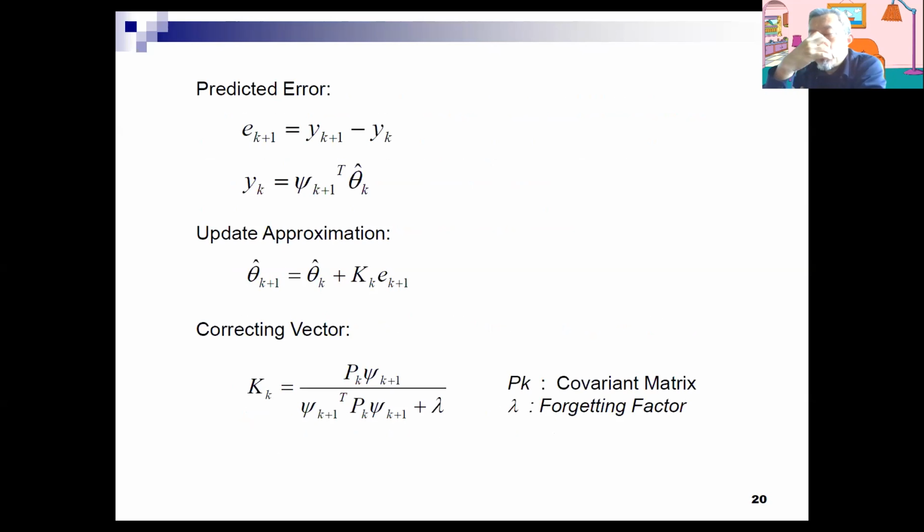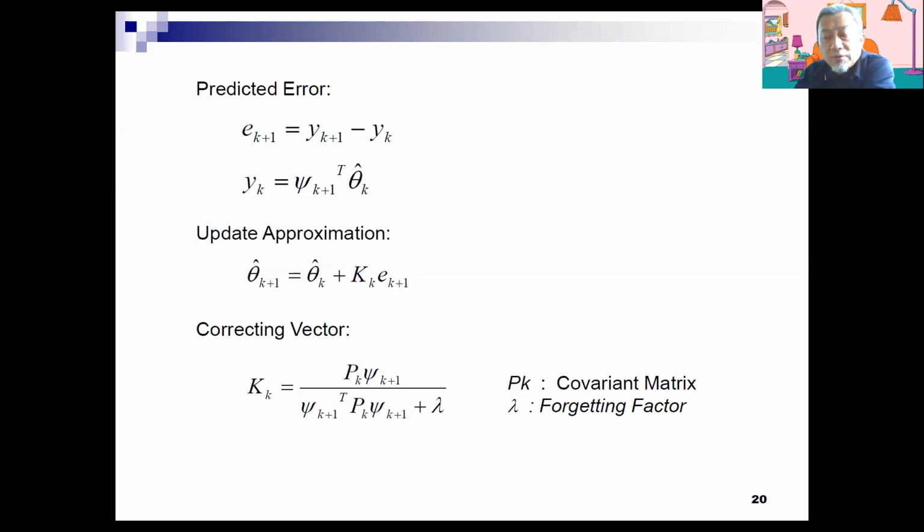It will produce the prediction error, which is the difference between the actual value of output y minus the estimated value of y, written as y minus y with a cap. Then it is multiplied with psi to update the approximation, and the correcting vector gives you the K value.